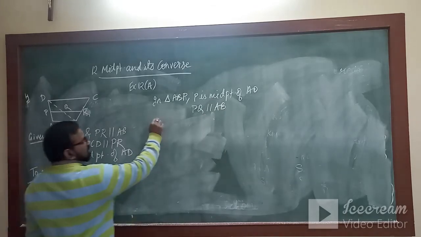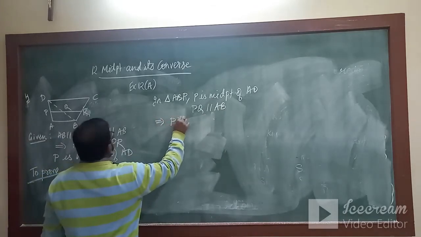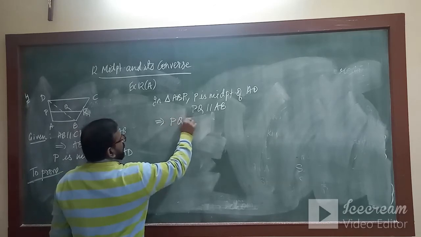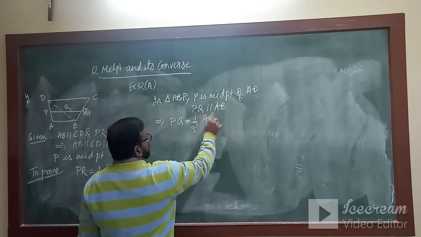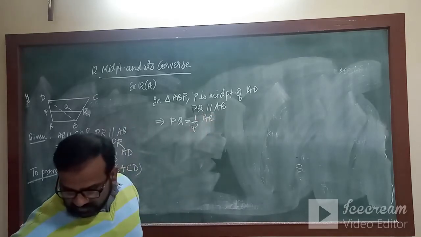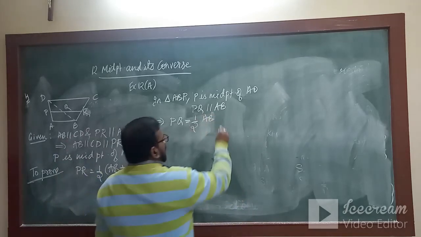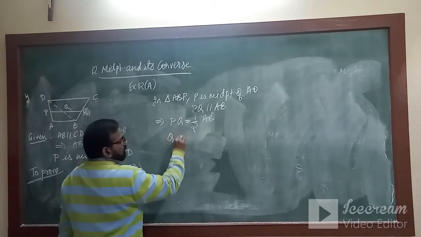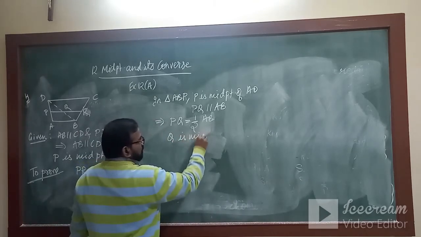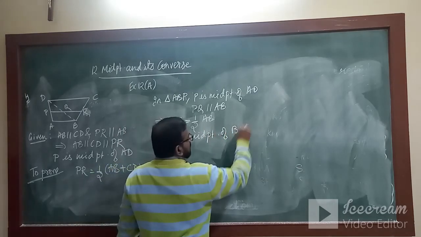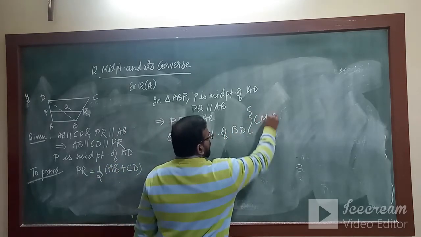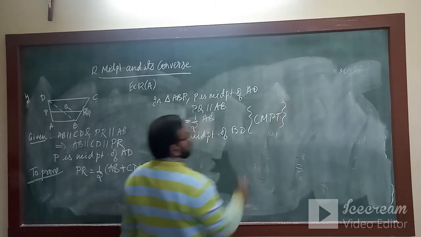So this implies PQ equals half of AB, and Q is the midpoint of BD by the converse of the midpoint theorem.